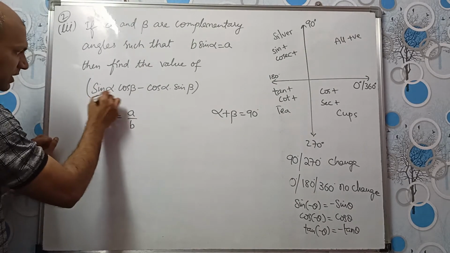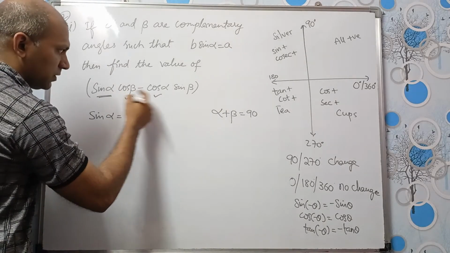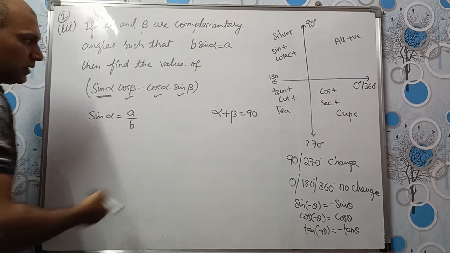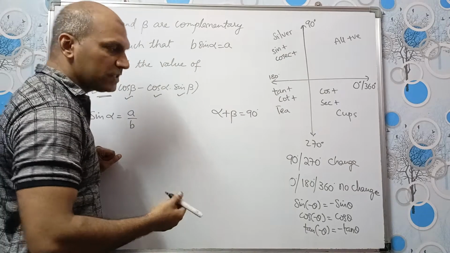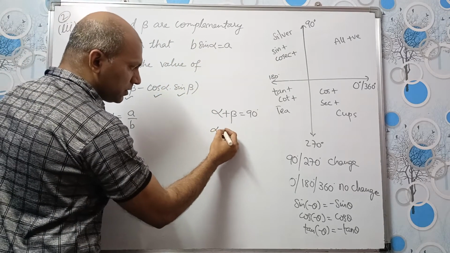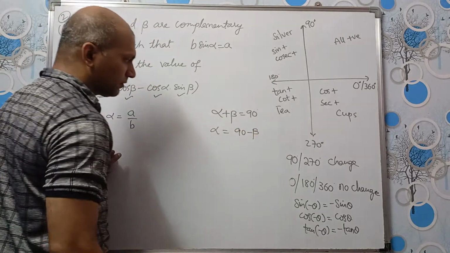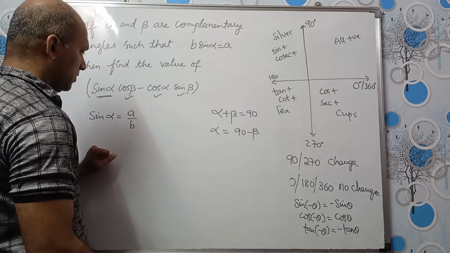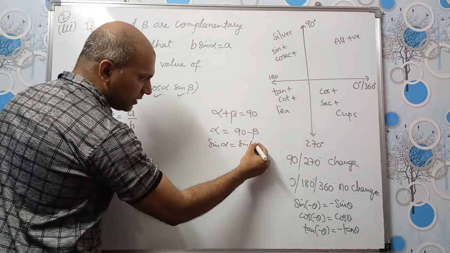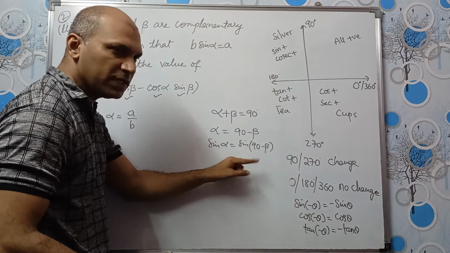We have sine alpha. We need to find cos beta, cos alpha and sine beta and substitute it here. Now alpha plus beta is 90 degrees because it is clearly mentioned alpha and beta are complementary angles, right? So can we write alpha as 90 minus beta? Yes. If we apply sine on both sides, sine alpha is equal to sine of 90 minus beta.